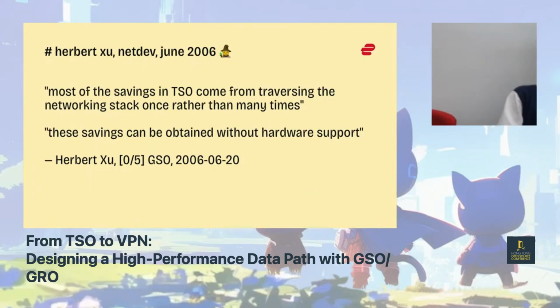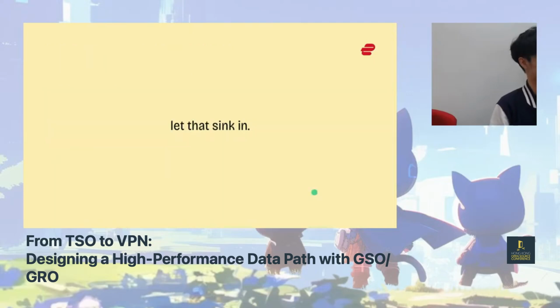Then something magical happened. Herbert, on the NetDev mailing list in June 2006, pointed out that most of the savings in TSO actually come from traversing the network stack once rather than many times. Those savings can be obtained without hardware support. Let that sink in for a moment.